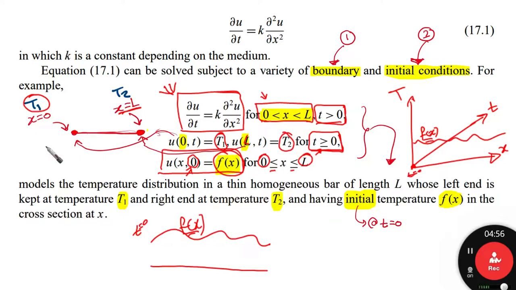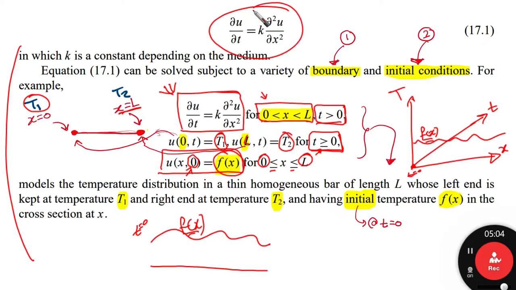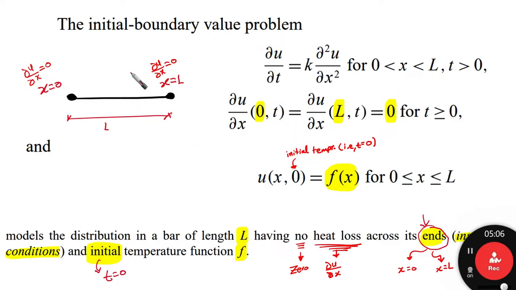Okay, so this is one type of boundary conditions and initial conditions that we can use to solve our differential equation. Let's go to another type of boundary and initial condition. We call it the initial boundary value problem. Let's assume that we want to model the distribution in a bar of length L having no heat loss across its ends.